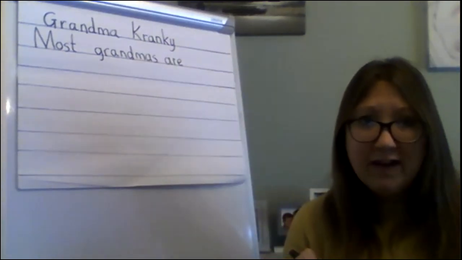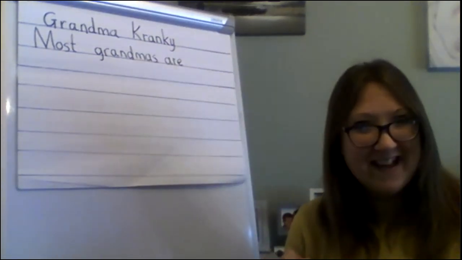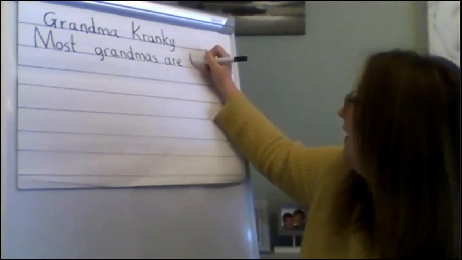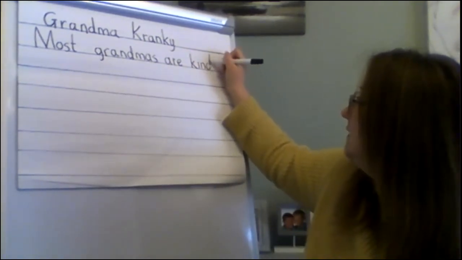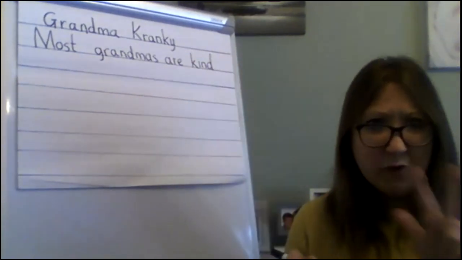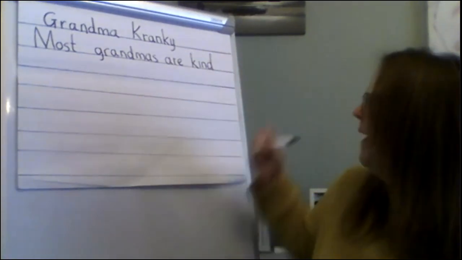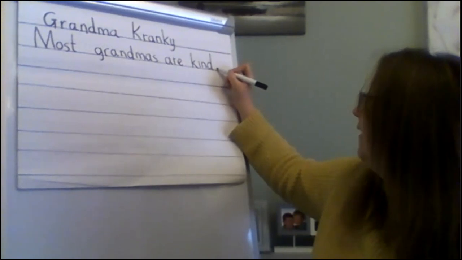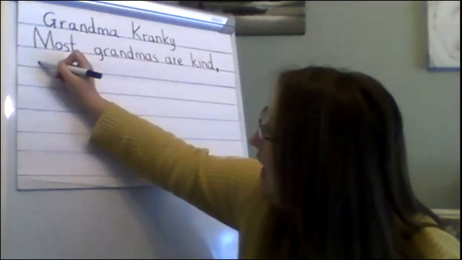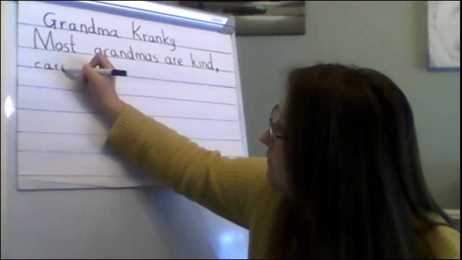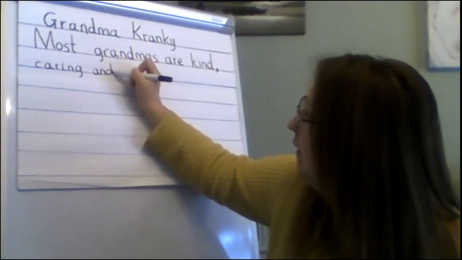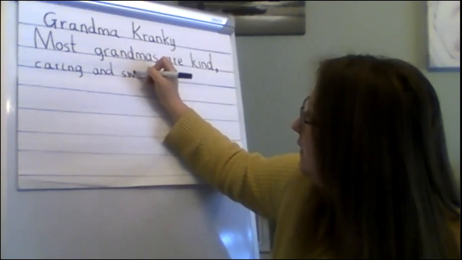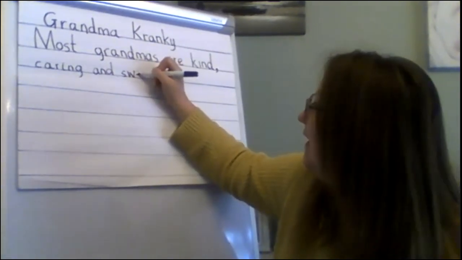That's another one of our red words. K-I-N-D. Kind. Now, because it's a list, I've got 3 things here. I'm going to need to use a comma. Most grandmas are kind, caring, and sweet.